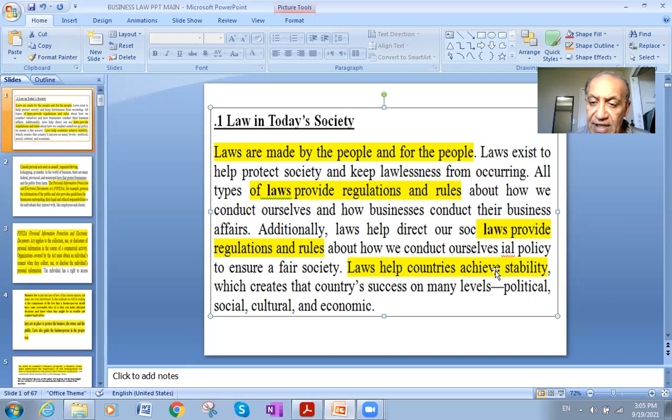Law helps countries achieve stability, because once we all are doing what we ought to do, and we know what to do and what not to do, then we are good citizens in our society, which creates the country's success on many levels: political, social, cultural, and economic levels.